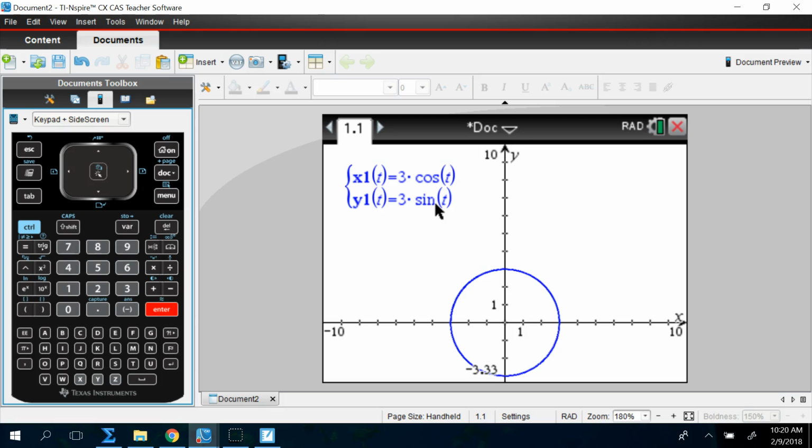What's really happening is it just keeps going around the circle. Instead of going around just once for the 2 pi, it went around six times, so almost 7 times. All right, so that works.